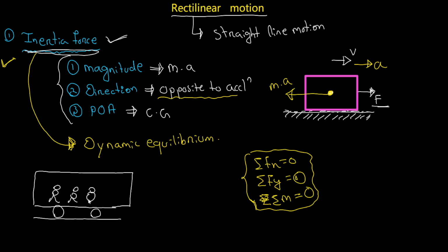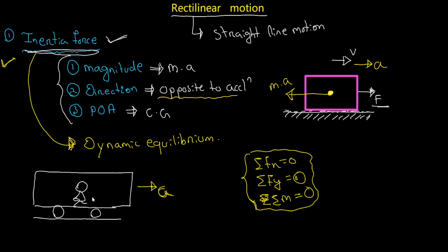If you consider any one person, I'm just considering a single person over here. So this person has a mass. Suppose the bus is accelerating in this direction, it is in dynamic condition.